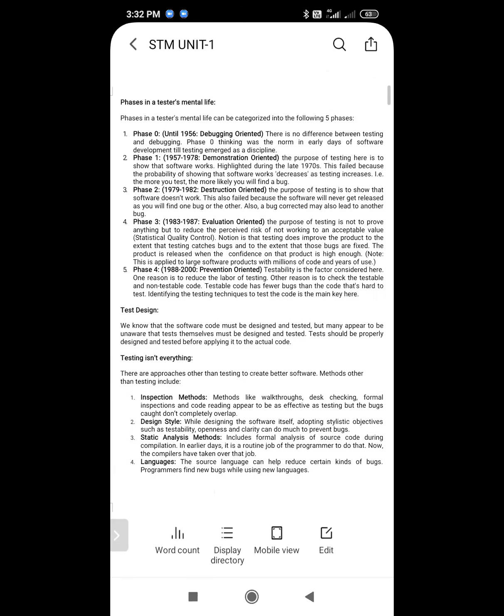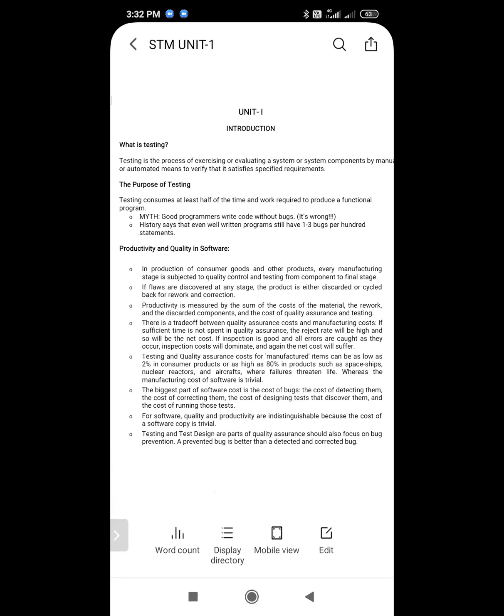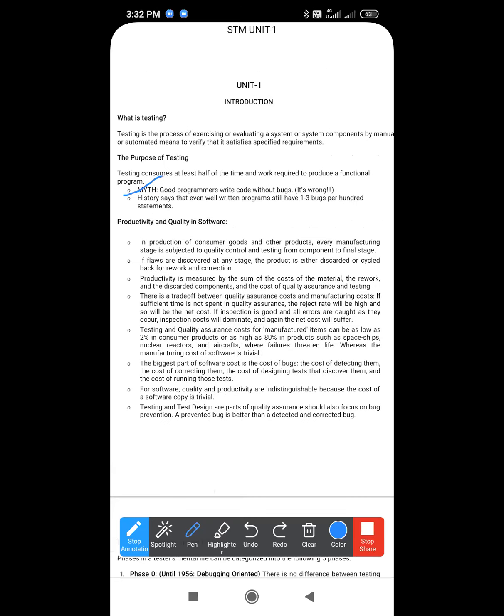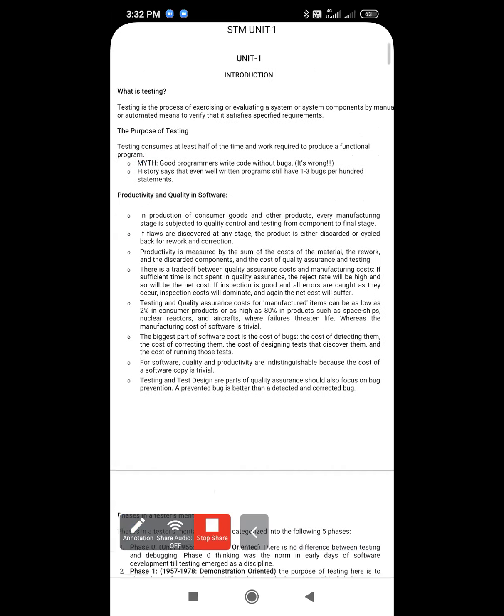First one, you should write about myths. Next, you should write a short note on the main purpose of testing. Next one is productivity and quality in software.